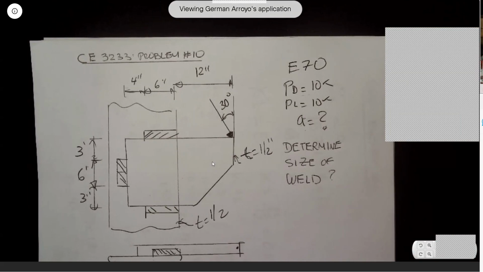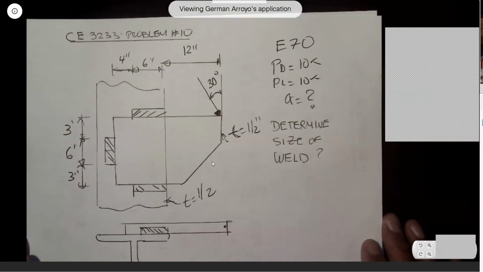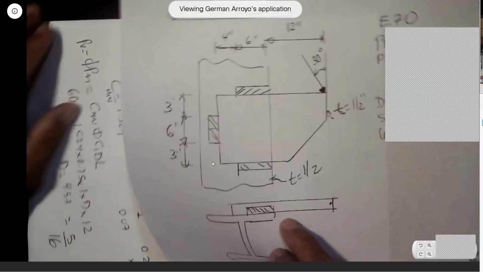And if you look at the well, oh, there's another question. How do I get 5/16?